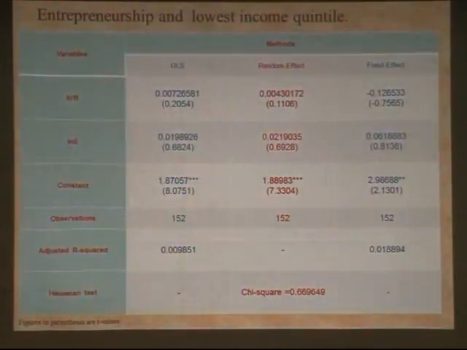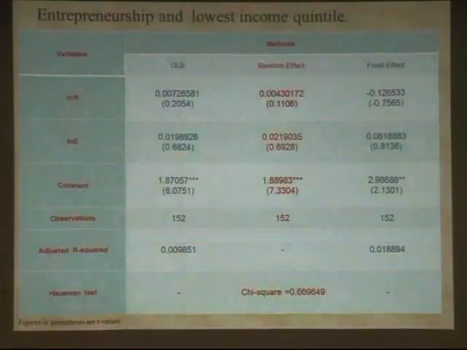To confirm the relationship between entrepreneurship and poverty and income distribution, we go to the panel data for the second model. Here, in the panel data, when we want to measure the effect of entrepreneurship on income inequality, we start with the OLS model.